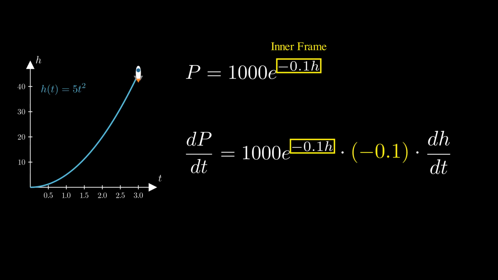We multiply by the derivative of the exponent with respect to height, namely negative 0.1, and finally we multiply by the rate of the height itself, dh over dt. Since the height is 5 times t squared, its derivative is 10 times t. We plug that in, and we have our total rate of change, physics times geometry.